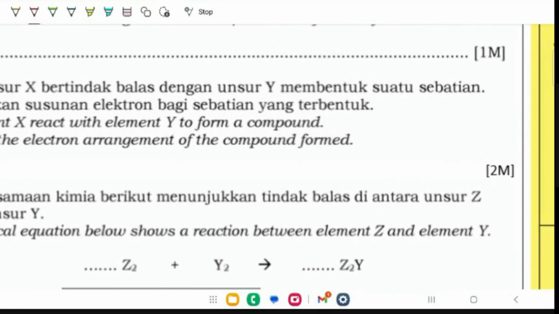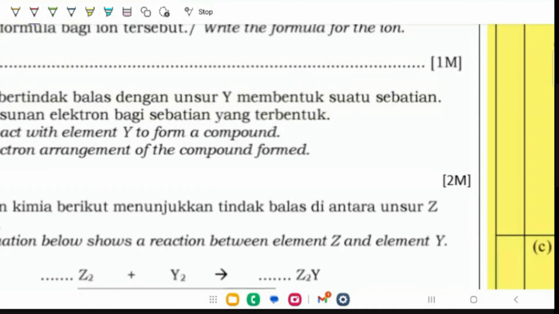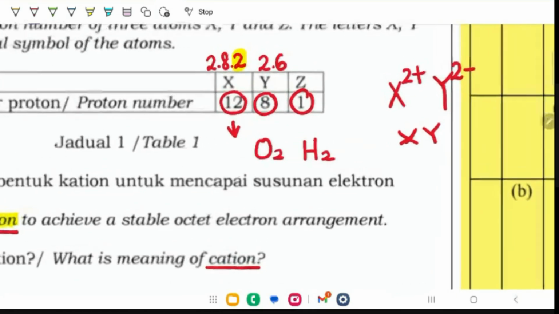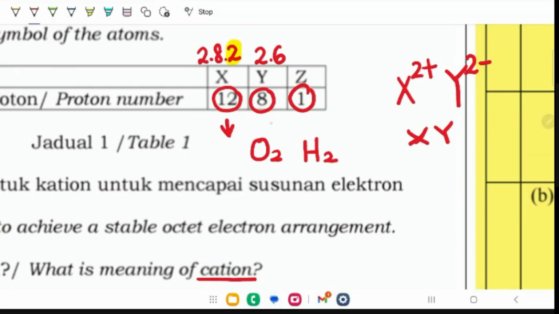Chemical equations. Okay, Z2, Y2. Let's see. Z is 1, so what is Z actually? Hydrogen. So hydrogen is H2. How about this 2,6? Oxygen, so it becomes O2. But here, if we maintain it as Y and Z, it will be Y2, and this one is Z2.